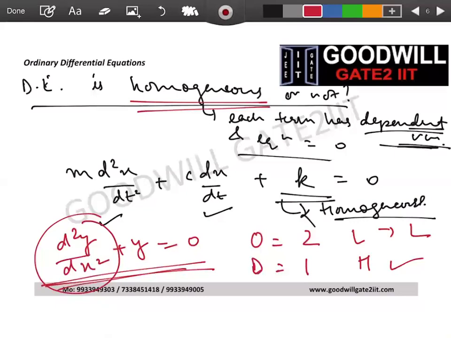So it is a linear as well as homogeneous differential equation.